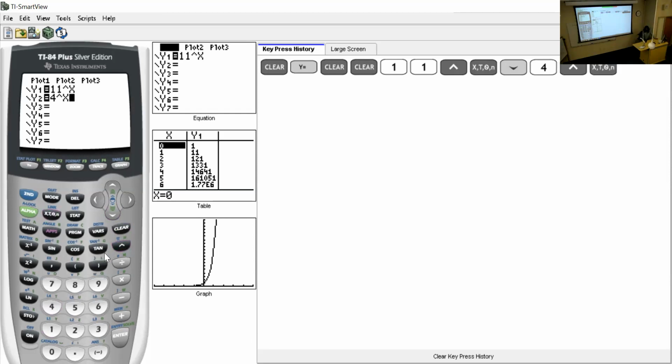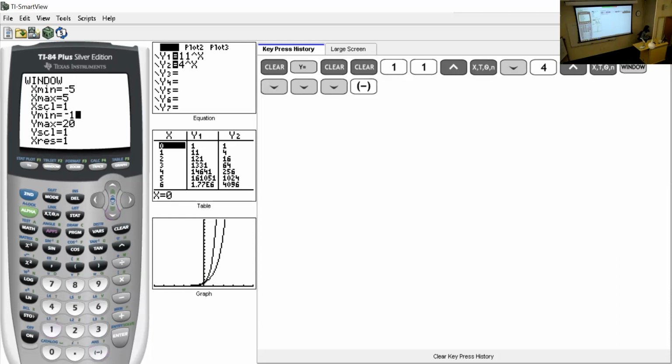Just for fun, I'm going to look down below and see if there is a curve down there. It's not going to be. But let's adjust the window. Negative 10 to positive 10.